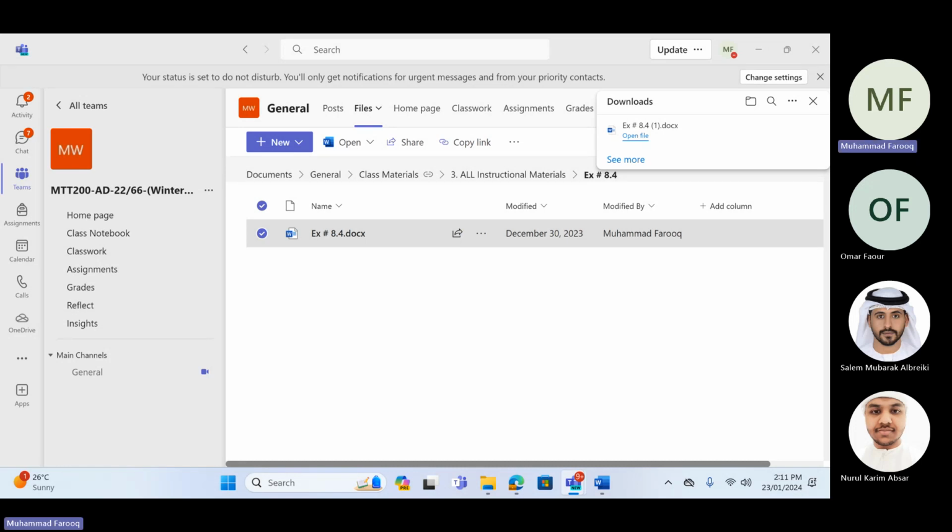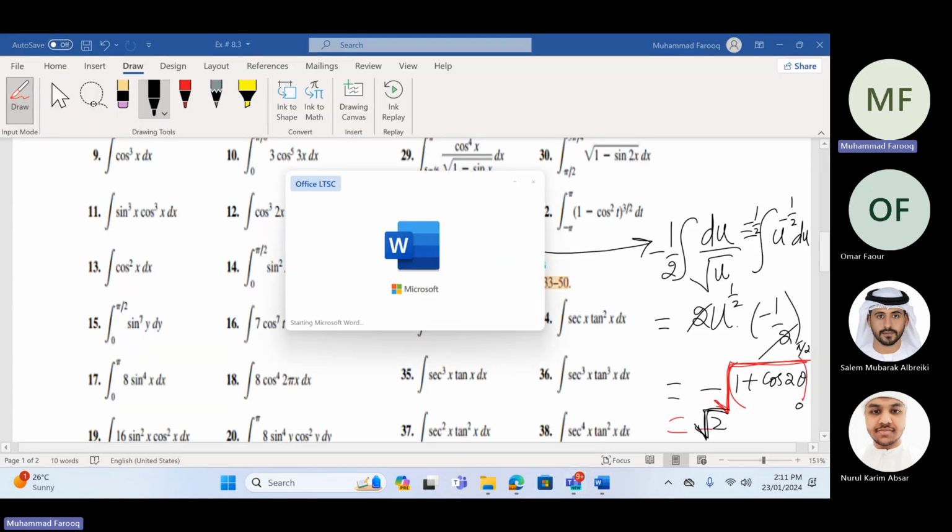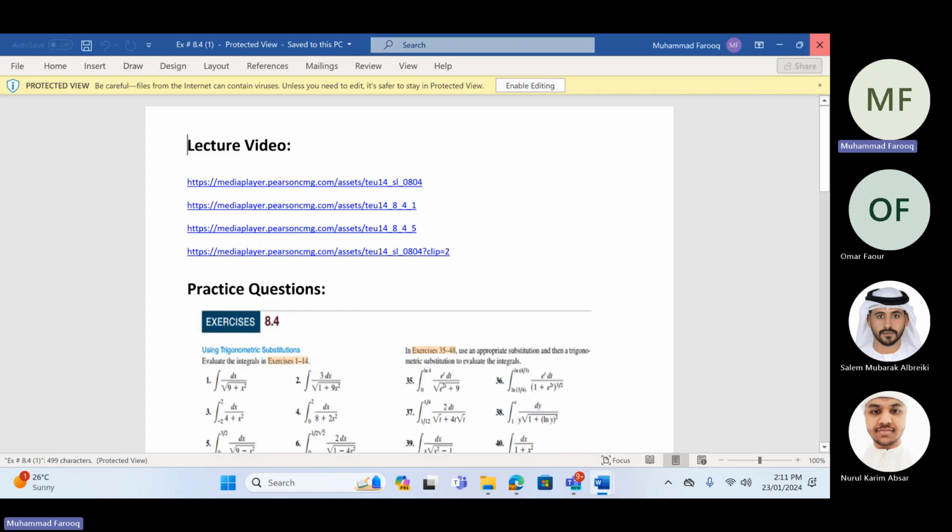So when the method is mentioned, don't use other methods. We will write use by parts or use trigonometric substitution. We have more techniques in 8.5, inshallah, which I will share later. So the method will be mentioned in the exam, and you have to follow it.